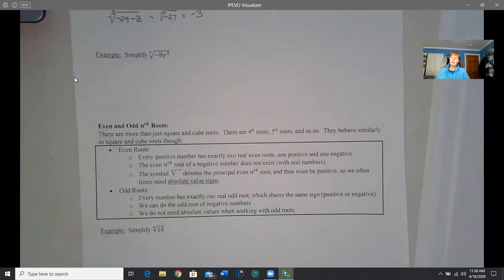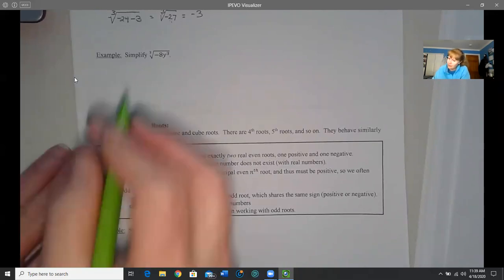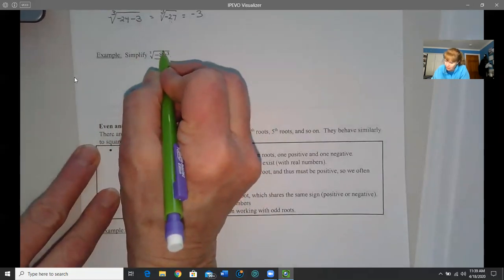Well, if you look at the last ones with the square roots, we divided by 2 to see what times what we could use for these exponents. So if you have a cube root, we'll be dividing by 3, and we'll explain why in later ones why that exactly is working. But you deal with the negative 8 first.